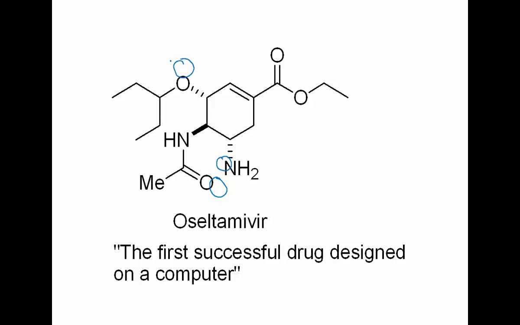That's how antibiotics were isolated. They saw that bacteria were killing other bacteria and they wanted to find the compound that was causing that. Here is a completely unnatural compound that was designed knowing the shape of a key protein in the virus. Okay, so this will end out the conformational analysis section of the class, or chapter 3.